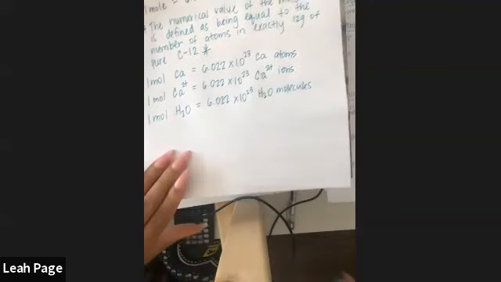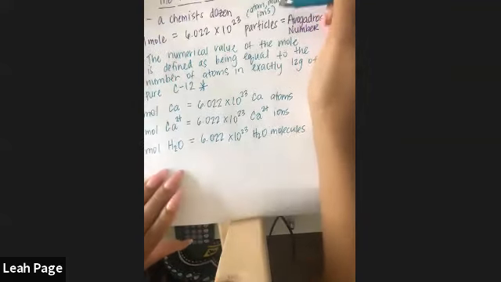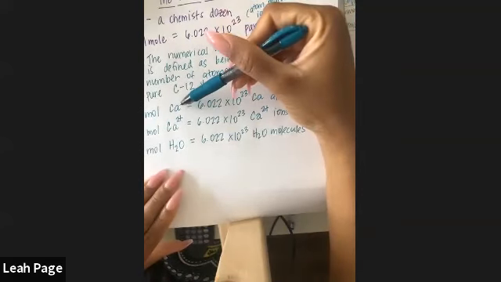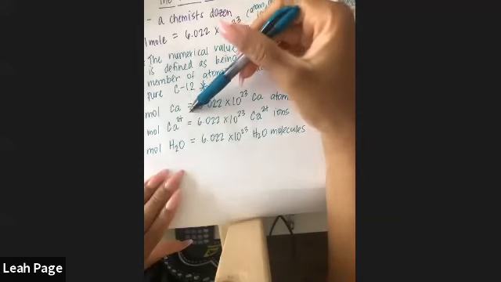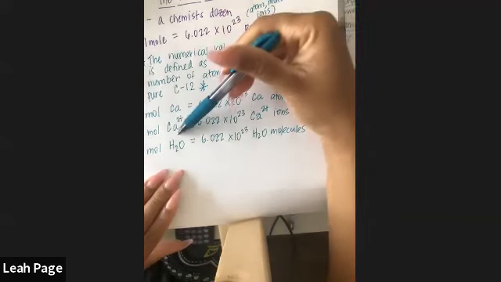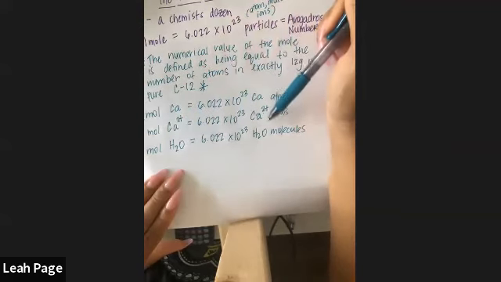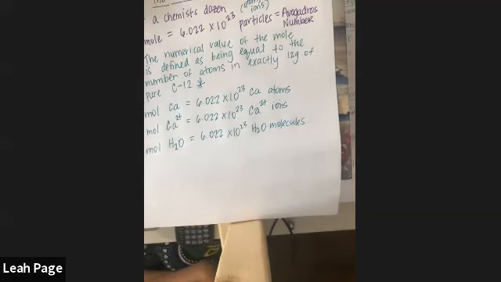So that's what I'm saying, that a particle can be an atom, molecule, or ion. It just depends on what we're talking about. If I'm talking about just a single element, I call it an atom. If I'm talking about anything with a charge, I call it an ion. And if I'm talking about a compound like water, I call it a molecule. If it's an ionic compound, we call them formula units.